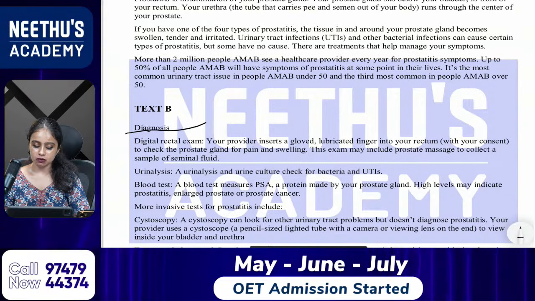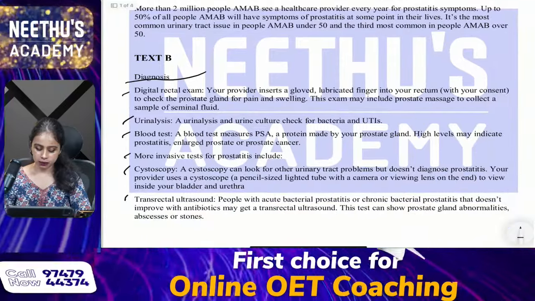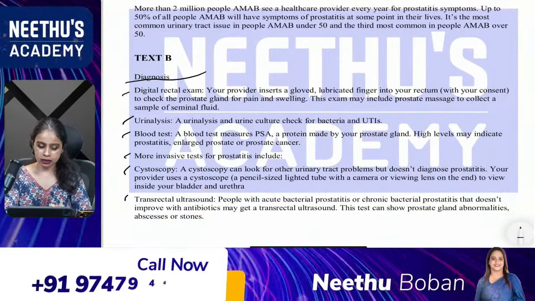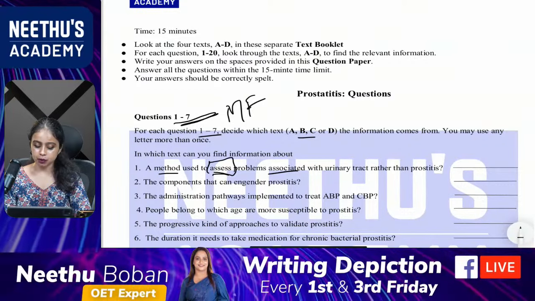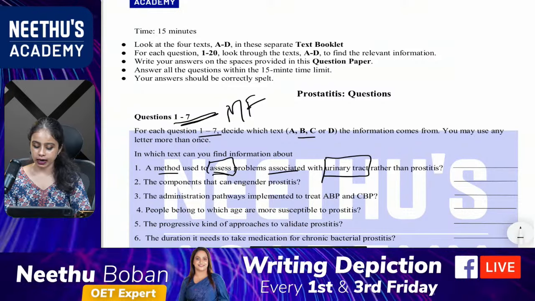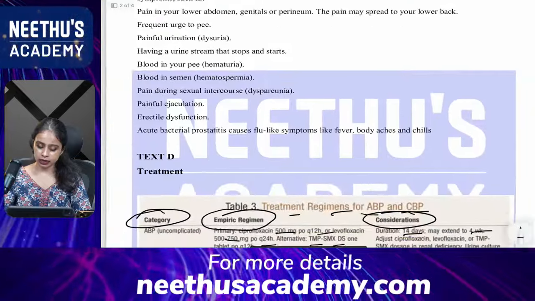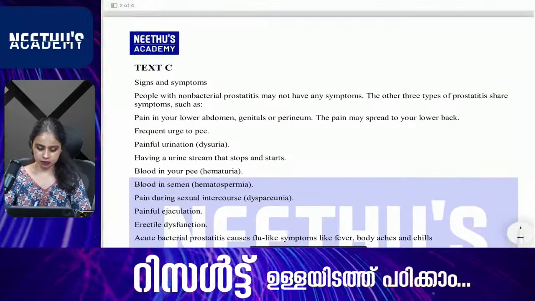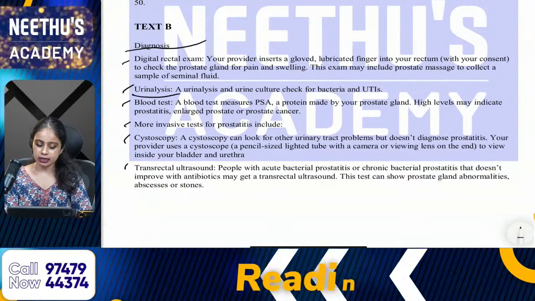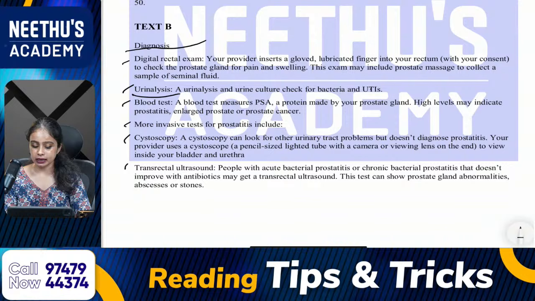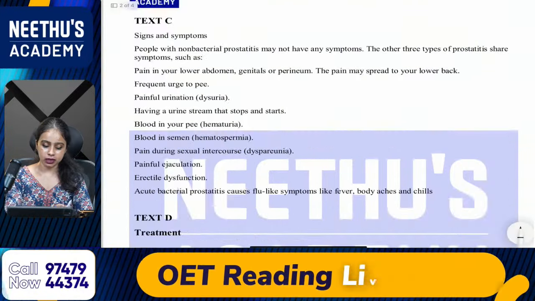For identification we have a lot of methods here, so which is mentioned in text B? A method that is used to assess problems associated with urinary tract rather than prostatitis. So what is the method related to urinary tract infection? That is urine analysis. A urine analysis and urine culture check for bacteria and UTIs. So the answer is from text B.